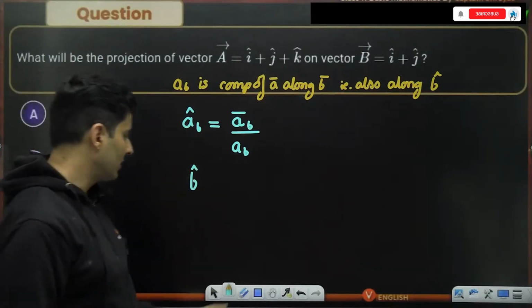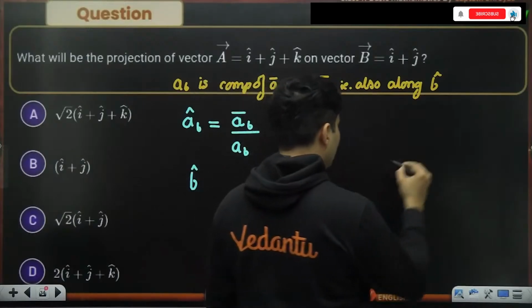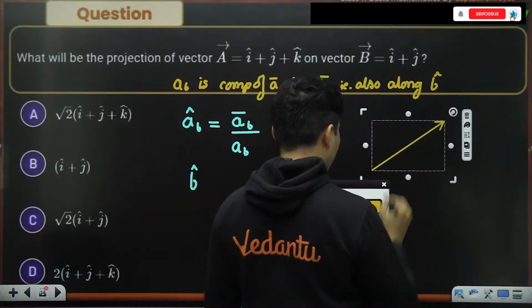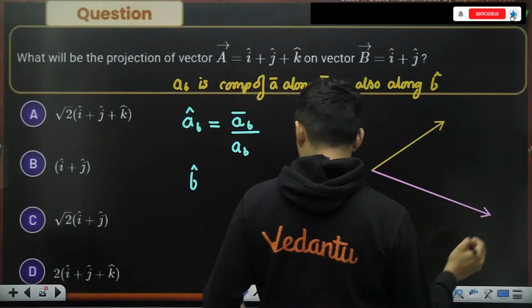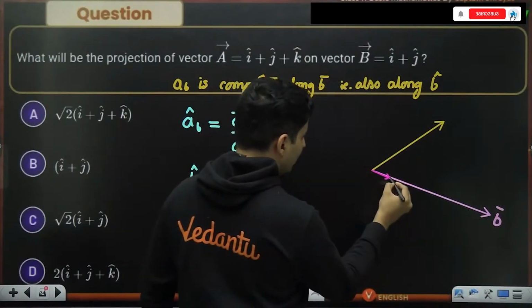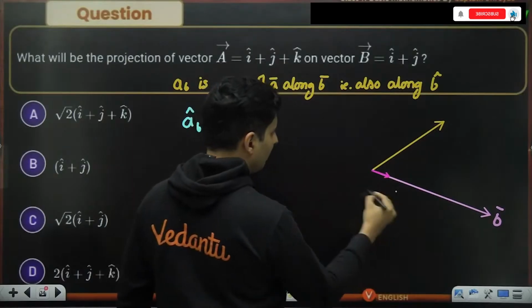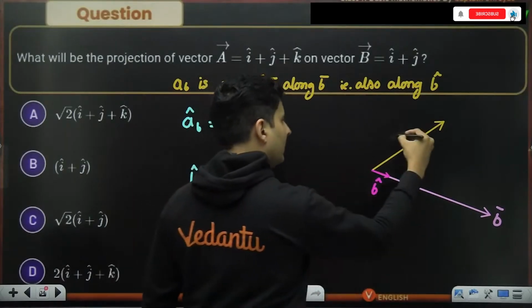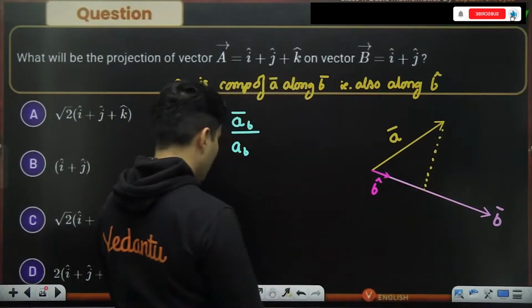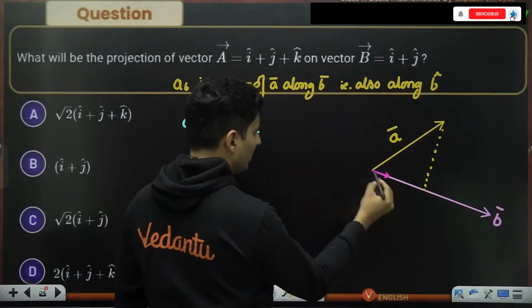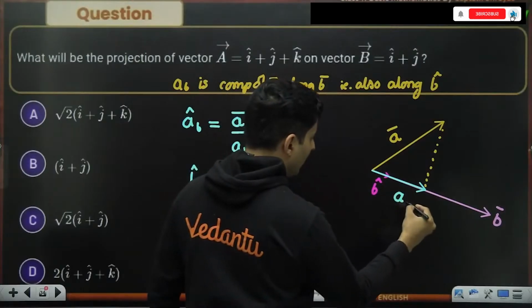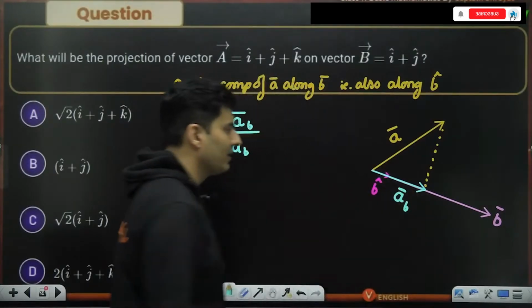How many of you understood this? This is my vector, let's say A. Let's say this is my vector B bar. B hat will be something like this. This will be nothing but B hat. This will be nothing but my A vector. So the component means I drop a perpendicular over here. Then this much is nothing but A of B lengthwise, but vector wise, I'll show it with the direction.